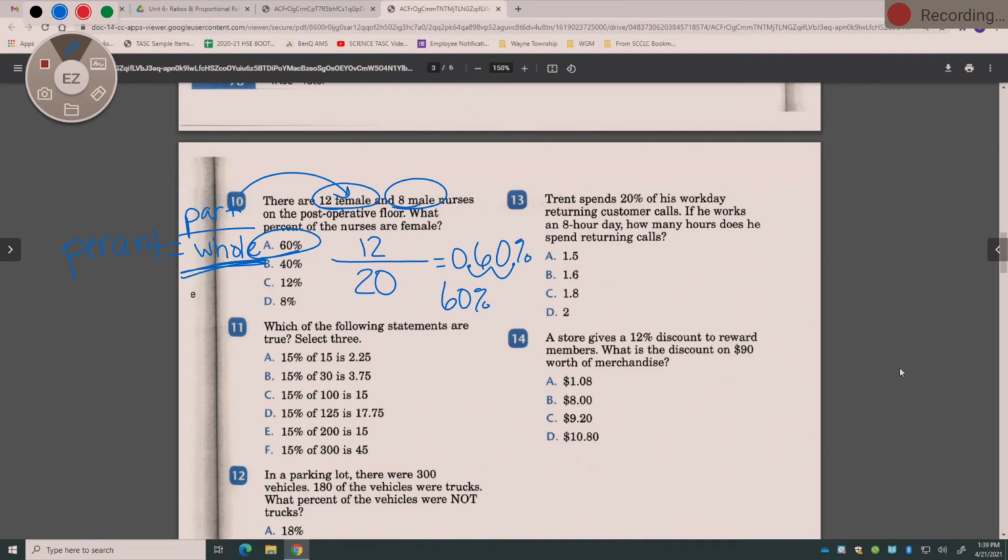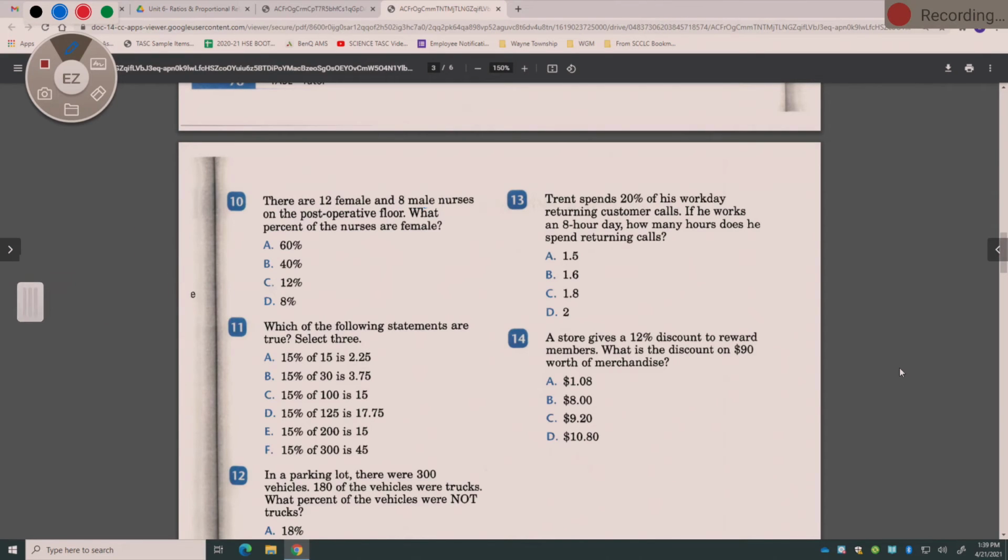So in most of these scenarios, they gave you the whole, or you had to do a little bit of math to find the whole, and they wanted to know what the percent was. But we can also be given a part and a percent, and from that we can find a whole. So that's on the next page.